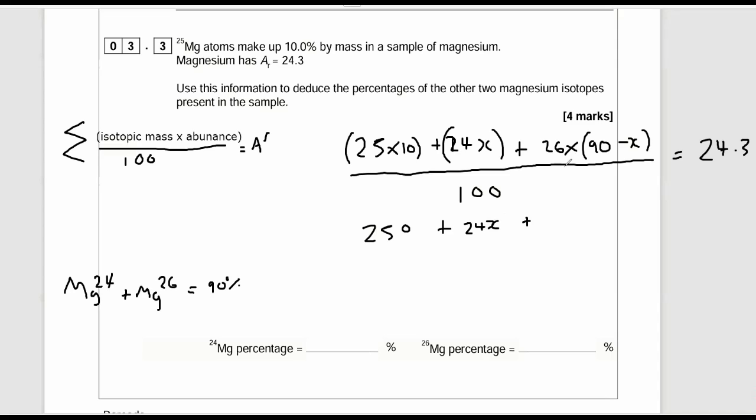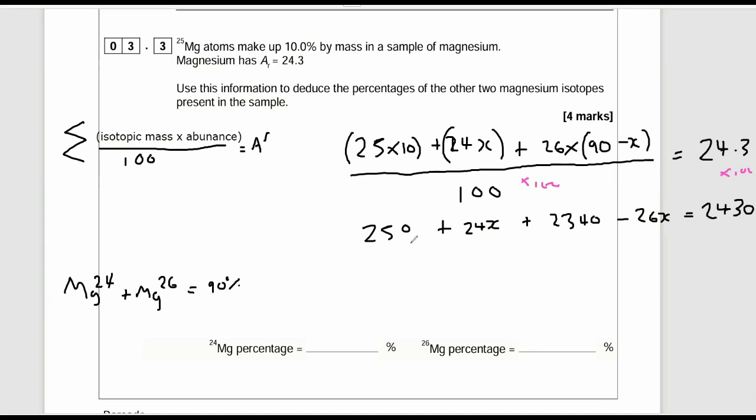But what I'm going to do is get rid of the 100 underneath, so we're going to times both sides by 100. And if we do that, we're going to get 2,430 on the right. And we're going to take the 100 away from underneath. I'm then going to multiply 25 by 10, multiply out the brackets.